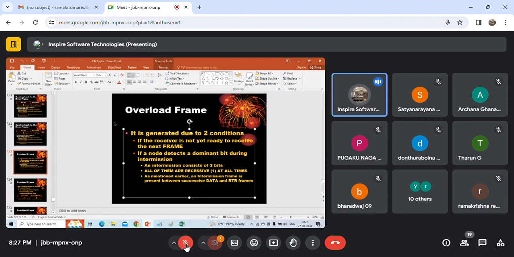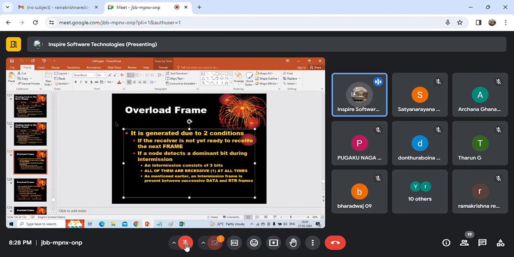In those aspects, this overload frame is very helpful. And secondly, when two nodes, that is two ECUs, have different workloads, one with heavy workload and the second one with low workload, or one ECU with heavy processing speed and the second one with low processing speed, in order to ensure the communication between the ECUs happens reliably, this overload frame will be helpful. So that is one scenario.